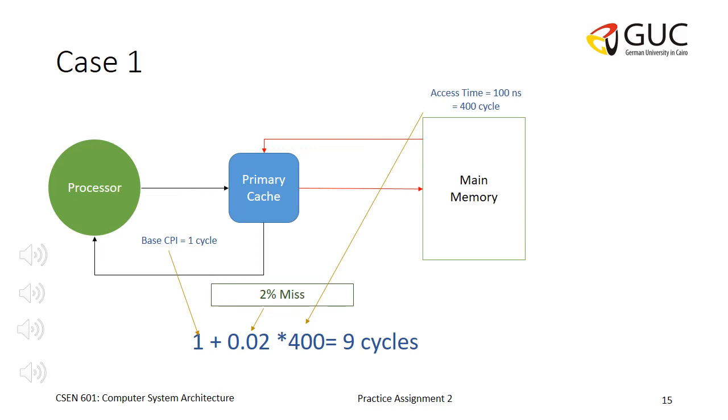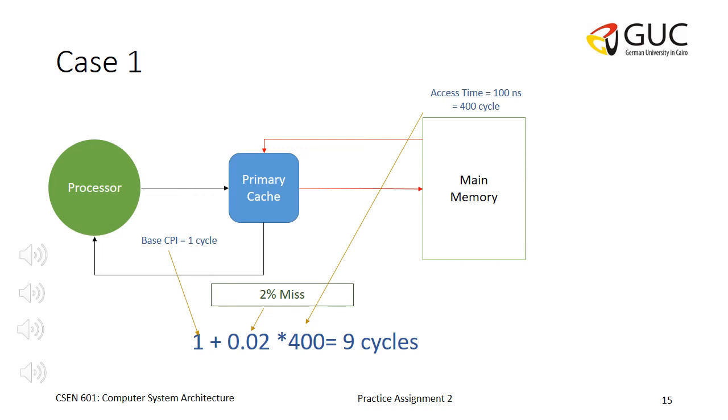You also have another attribute, which is the 2% miss. What is the 2% miss? It is the rate of the primary cache missing from the main memory. What does that mean? If the processor needs some sort of data from the primary cache, it will go to the primary cache. If it finds it, then it's a hit and there's no problem. If the primary cache doesn't have the data the processor needs, we need to go to the main memory.